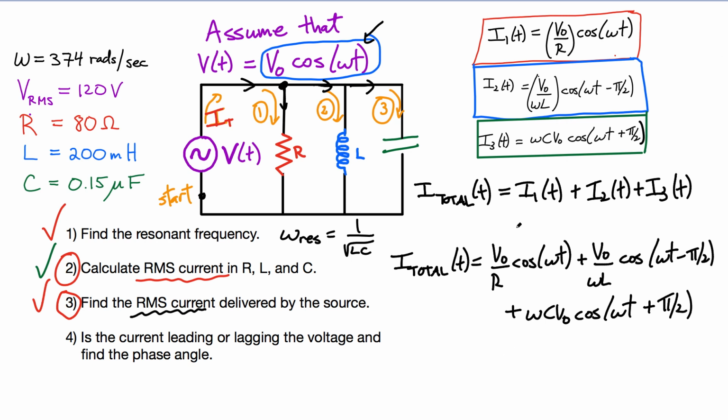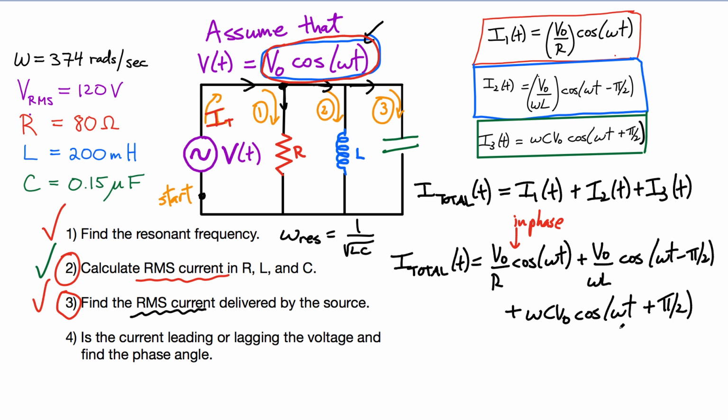This first one is in phase with the voltage V of t. Remember, our V of t is right over here. This is my V of t. And the first one is in phase with that component. This other one here lags by 90 degrees. The voltage across the capacitor over here is ahead by 90 degrees.